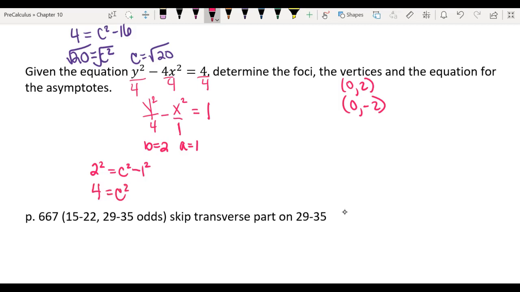Now, if you mess that up, Connor, it would not actually change your answer. So you'd add 1. So you get 5 equals c squared. So c is the square root of 5. So your foci would be 0, square root of 5, and 0, negative square root of 5.